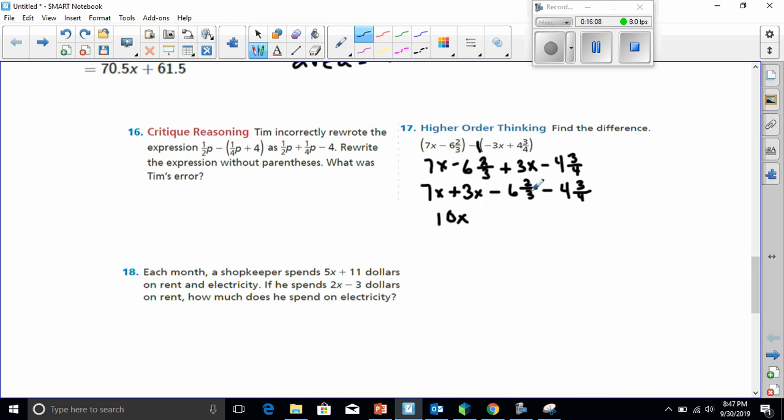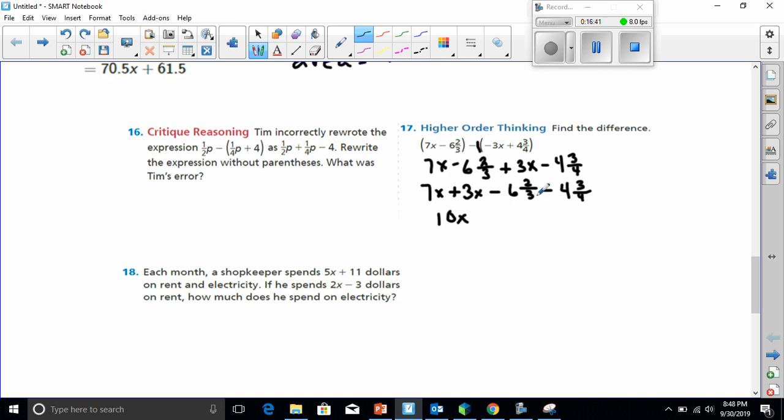We could also just turn these fractions into equal fractions by realizing 3 and 4 have a common denominator of 12. So let's turn 3 into 12.